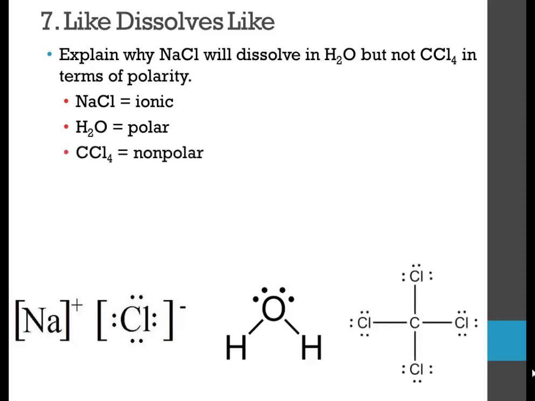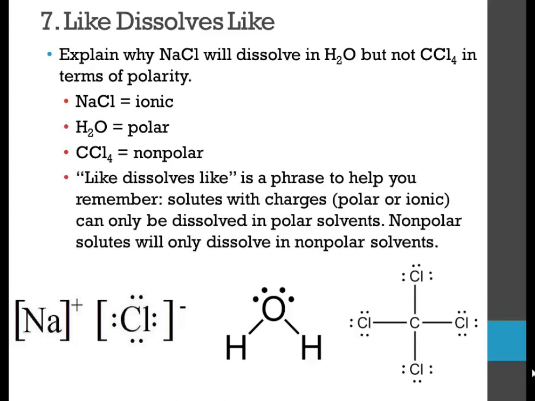If we look at carbon tetrachloride, this molecule is very symmetric, and symmetric means nonpolar. Also, the difference in electronegativity between chloride and carbon may be large, but the fact that there's 4 of these chlorides, they're all pulling those electrons in opposite directions, so it all cancels out. So carbon tetrachloride is nonpolar.